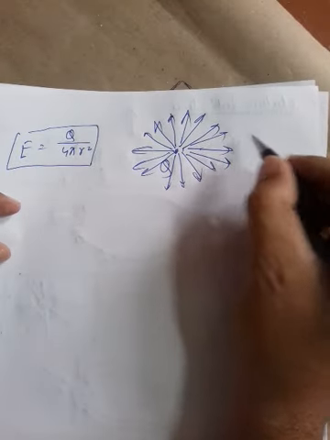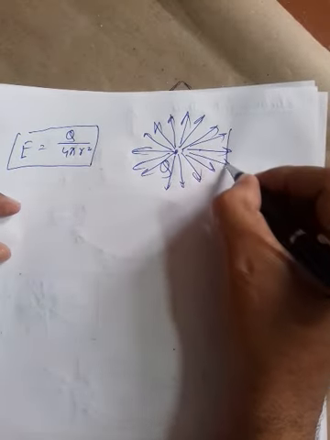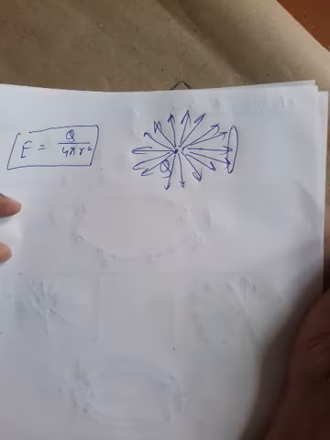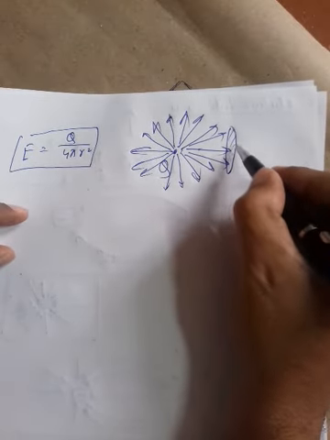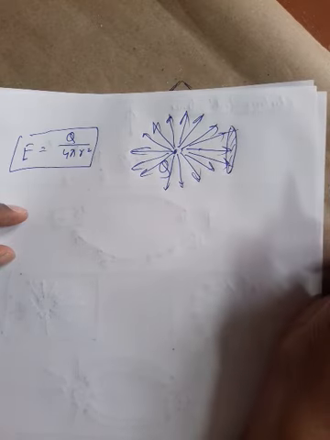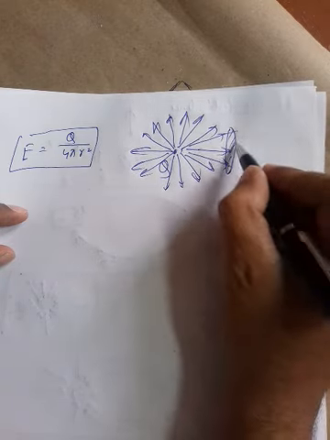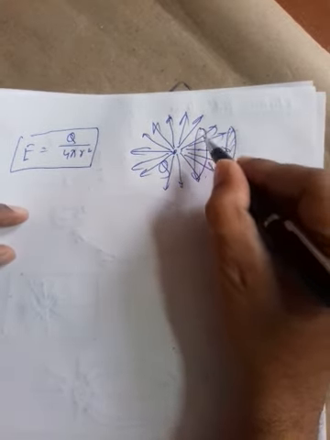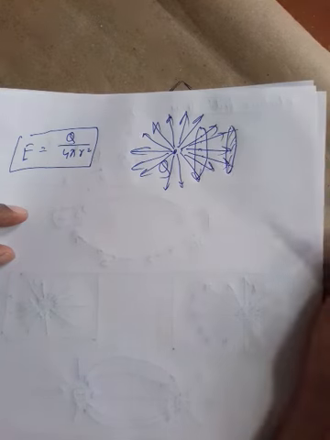If you consider a particular area here, say I am going to consider one imaginary area here. Through this area, in this case, these 3 lines of force are passing. If you consider the same area somewhere here, same area, then more number of lines of force pass through it. Clear?